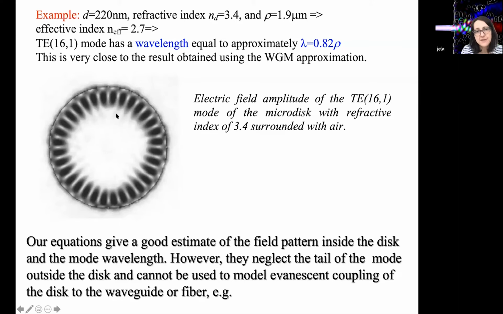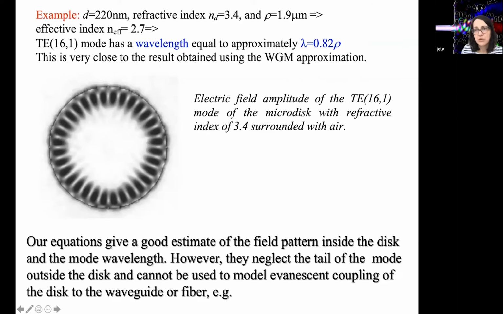So if you analyze this 3-dimensional problem without any effective index approximation, you will find that for the 16-1 mode, the wavelength is related to the radius of the disk as lambda is 0.82 times rho. And that's very close to what we obtained from the approximate solution, where we found that lambda is 0.81 times rho. So that's related to Eubin's question.